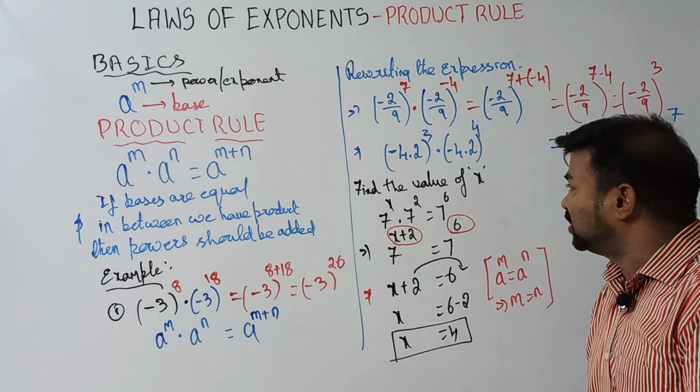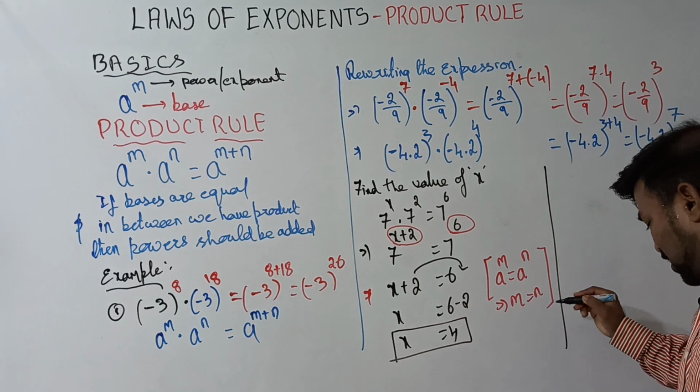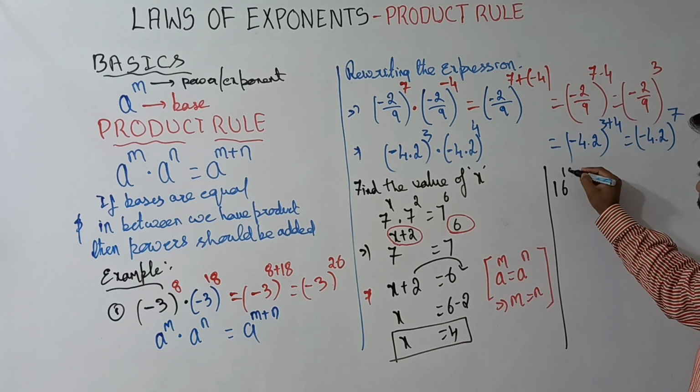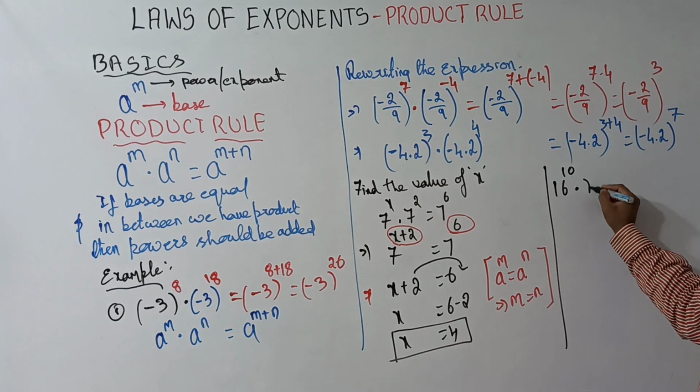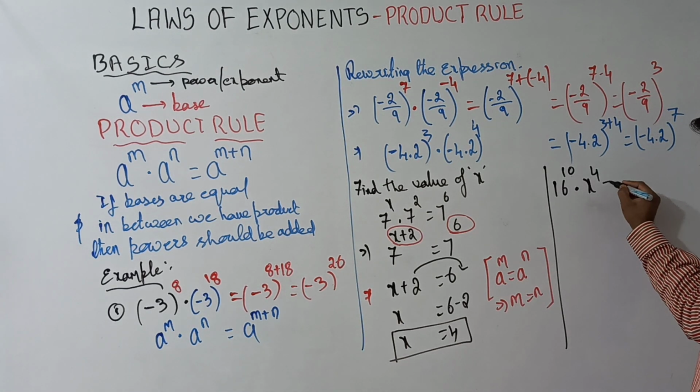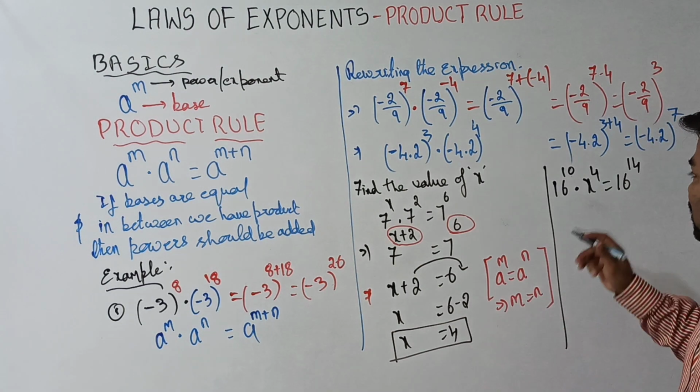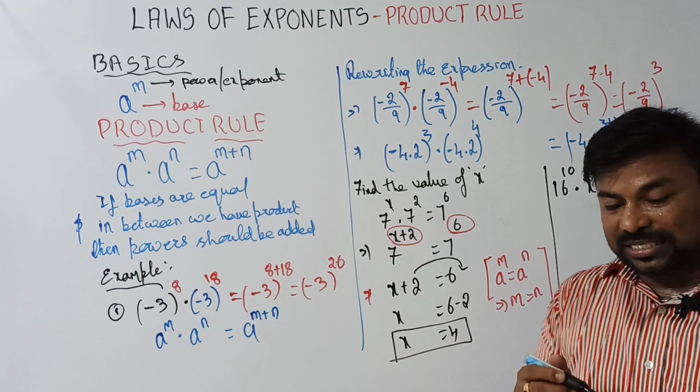Let me come back with one more expression. The last sum for the day, the last sum in the video. That is 16 to the power 10 into x to the power 4 is equal to 16 to the power 14. This is one more tricky way of understanding the sum.